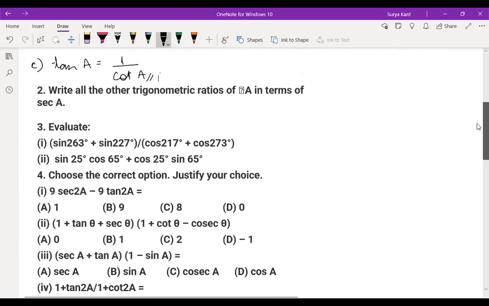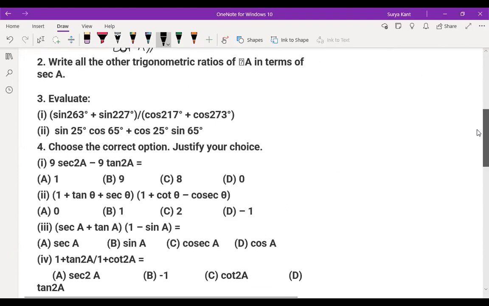Write all the other trigonometric ratios of sin A. Check, children. What is mentioned over here?